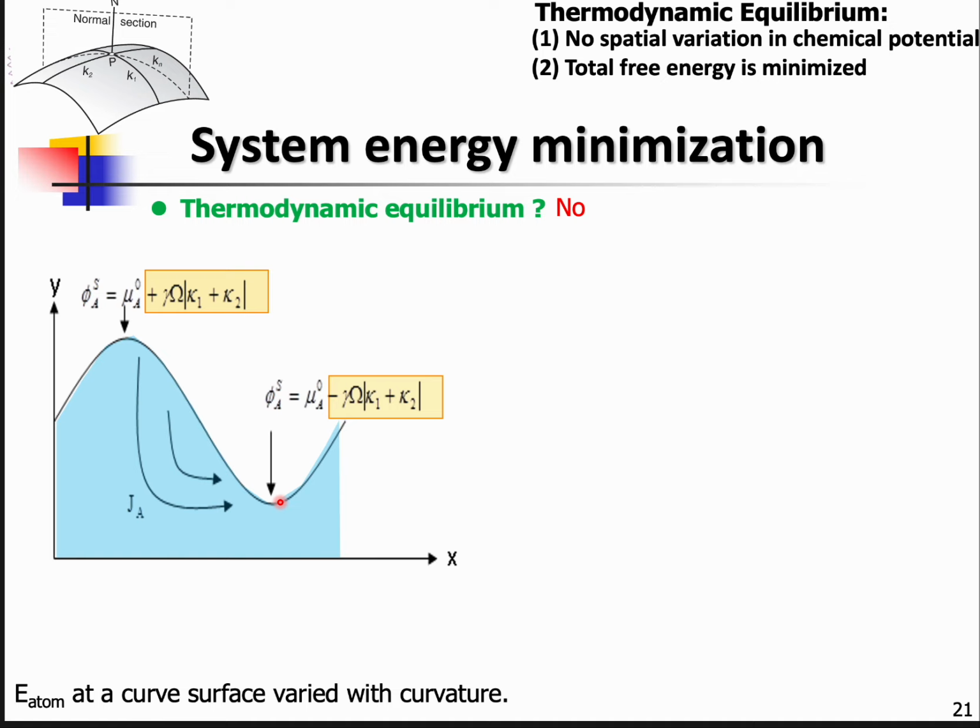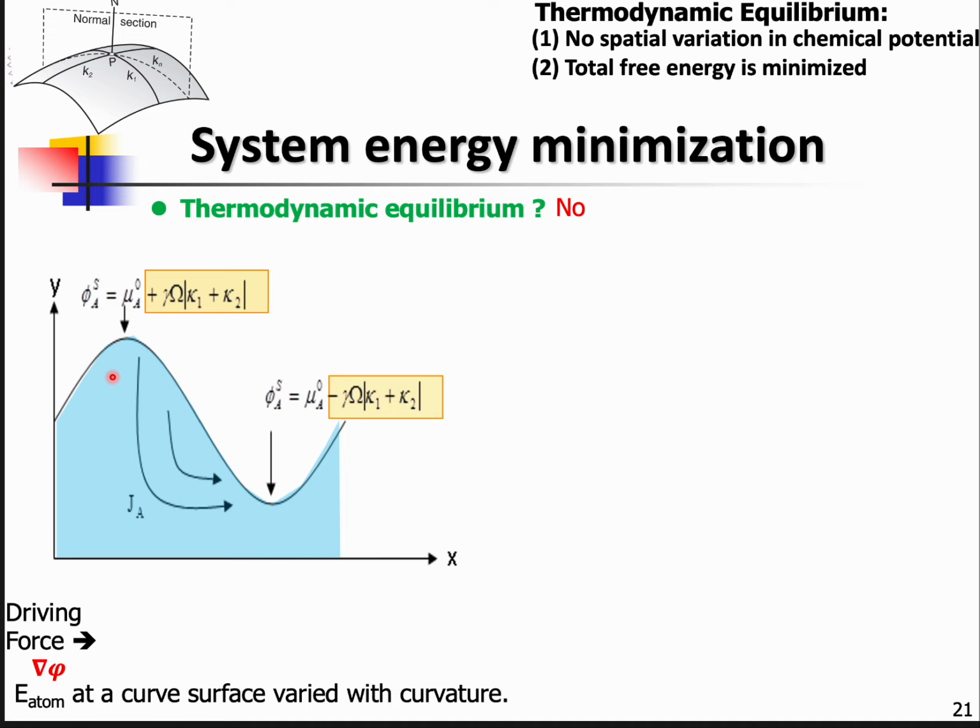At this location, what would the driving force be? If you check this, you find that the energy of atom A at the convex region is larger than that at the concave region. So there's definitely a surface potential gradient involved here.